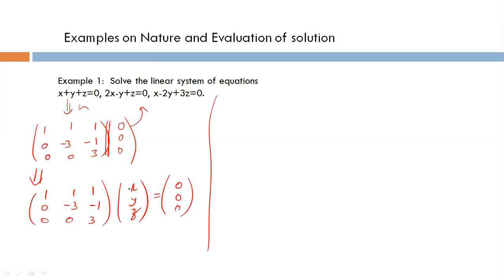And if we multiply this column vector to this coefficient matrix A, we will get x plus y plus z equal to 0, minus 3y minus z equal to 0, and 3z equal to 0. Use back substitution.